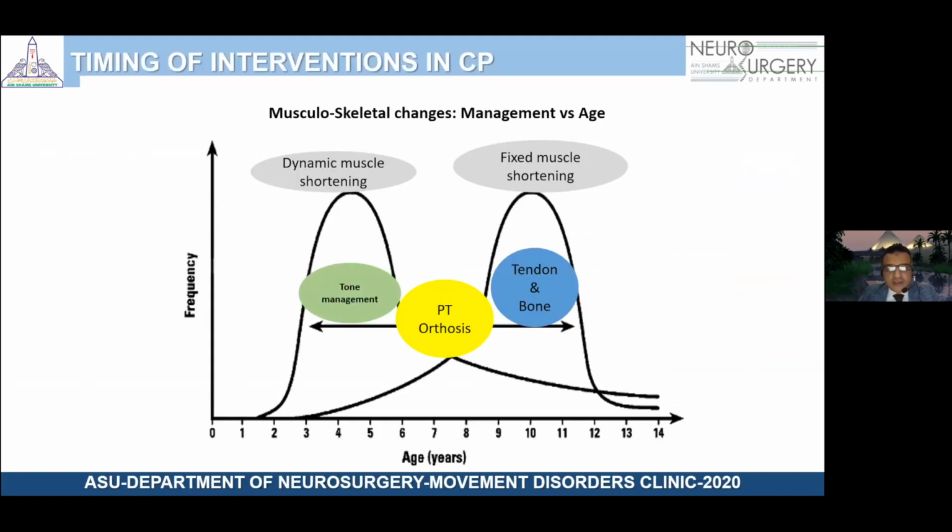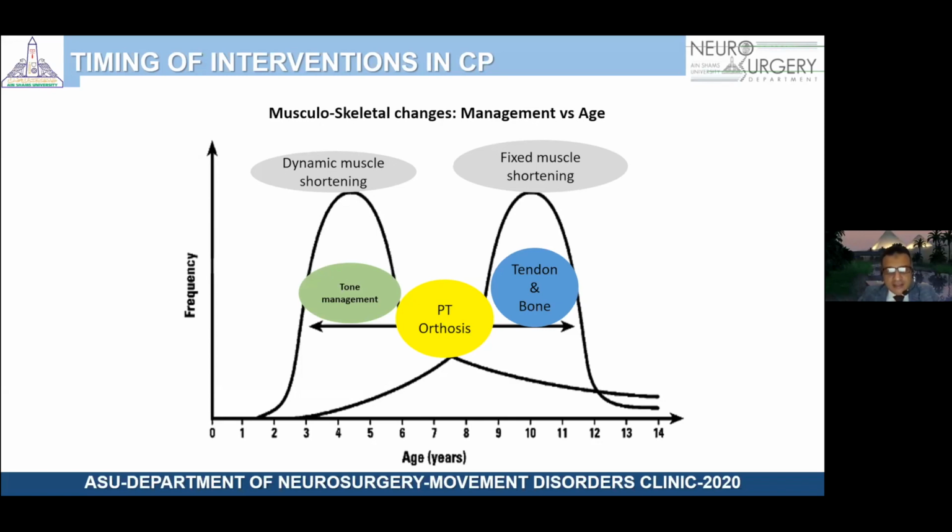The timing of interventions in cerebral palsy hypertonia is determined mostly by age. In the early years of life, we can mostly apply tone management procedures, like medications such as botulinum toxin injections or neurosurgical ablative procedures.